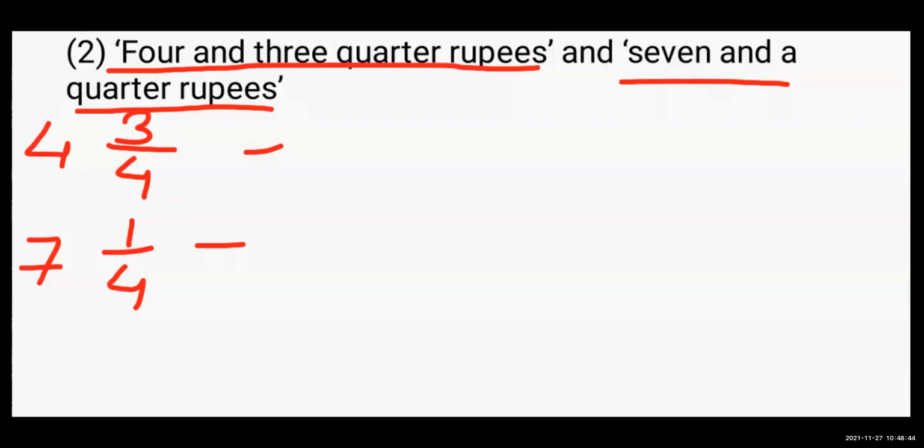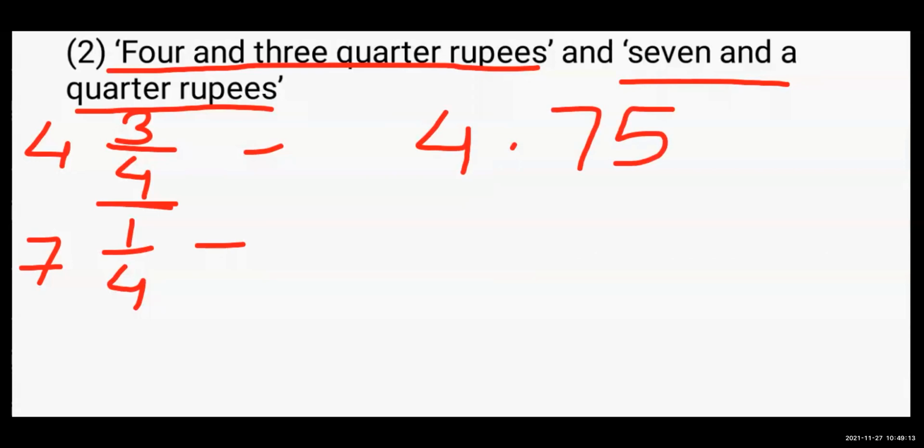Now next part, we have to write this in decimal. Decimal means 4 is as it is 4. 3/4 means 75, so we will write 4.75. Okay.